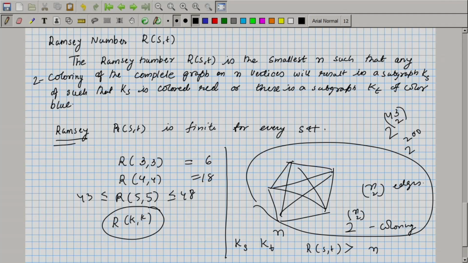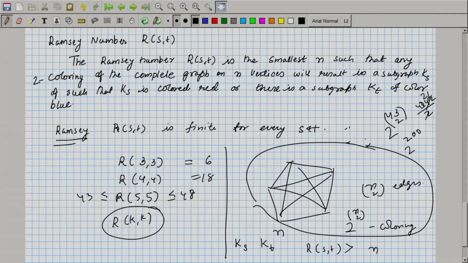That is prohibitively expensive. 43 times 42 by 2 is 43 times 21. So, we can't really run a brute force algorithm to check whether R(S,T) is greater than a particular n.